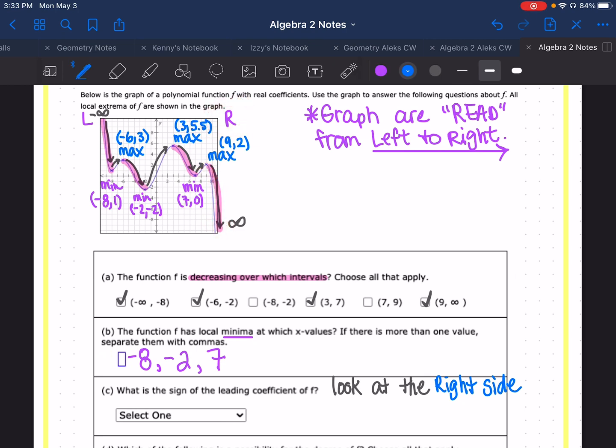The rules say if it's positive, it rises, and if the leading coefficient is negative, it is going to fall. Our graph on the right side appears to be falling, so I'm going to say that the leading coefficient is negative.